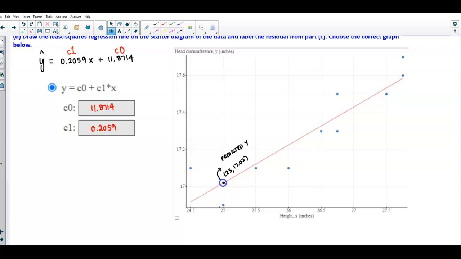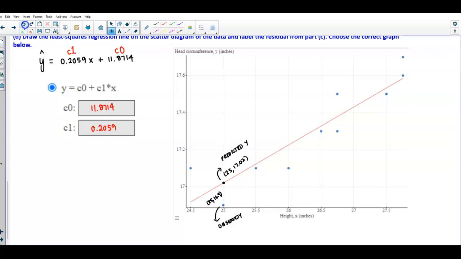Then we have the observed y, which was observed from the table, and that point is 25, and then 16.9.